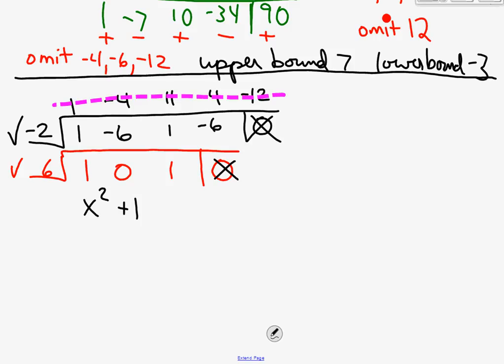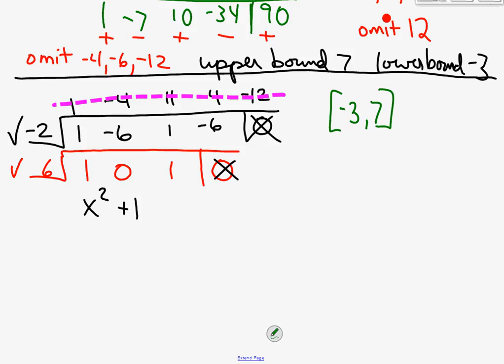Then I'm just going to write a little summary of what I found. So my upper and lower bounds are from, was it negative 3? Yep, negative 3 to 7 by those boundary tests. And I will say, if you're telling me what the upper or lower bound is, you need to validate that by showing me how you got that.